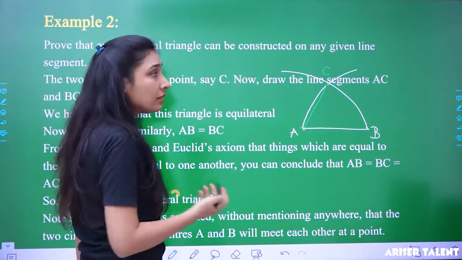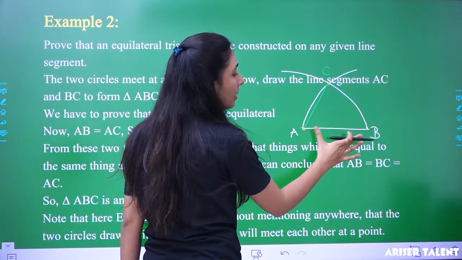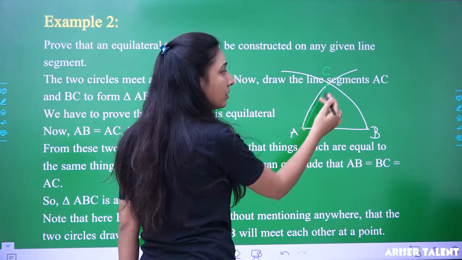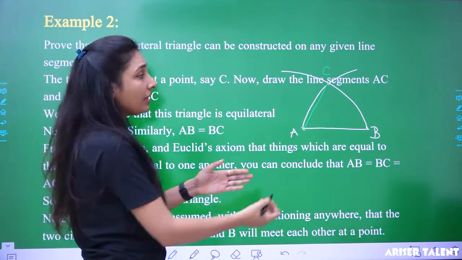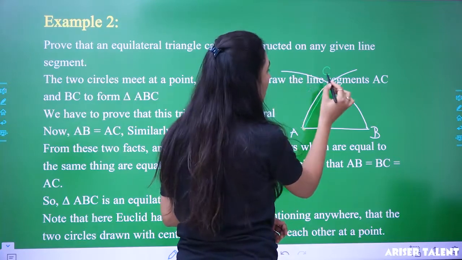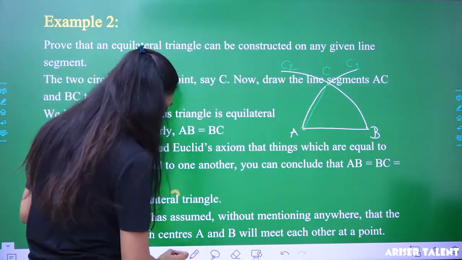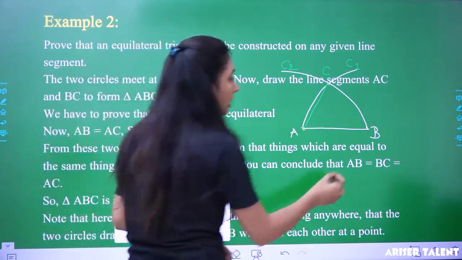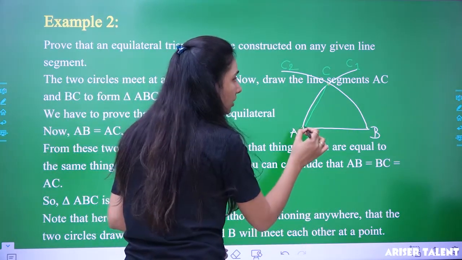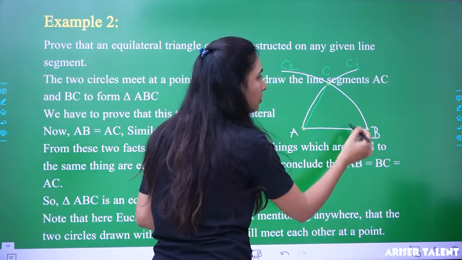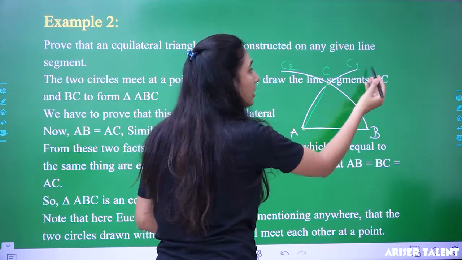How? By the construction, we are taking the radius equal to AB, and this is also a radius. Similarly, if this is the circle C1 and this is the circle C2, here this is A, here this is B, and we have drawn the circle C1.